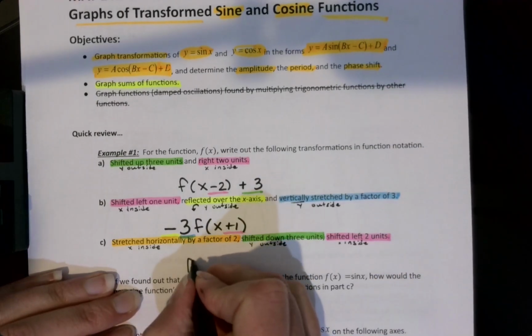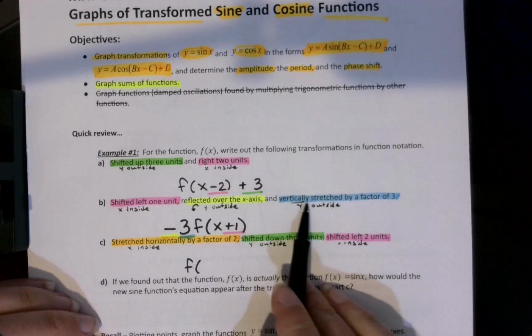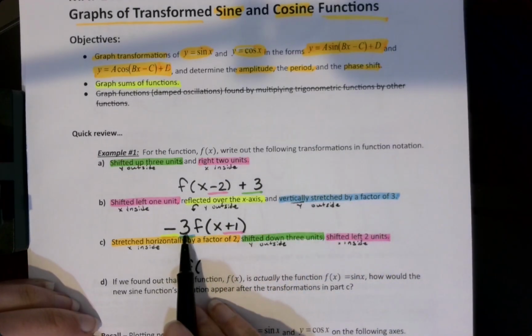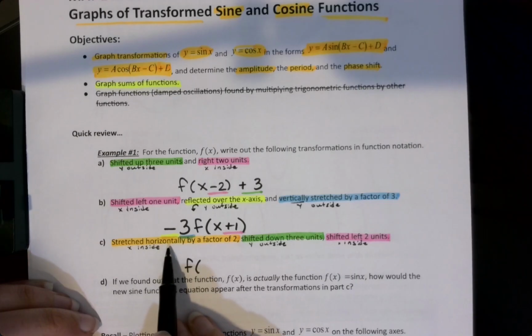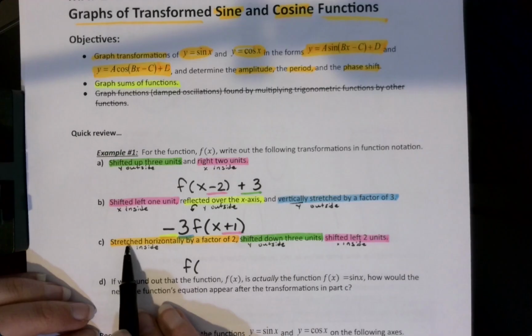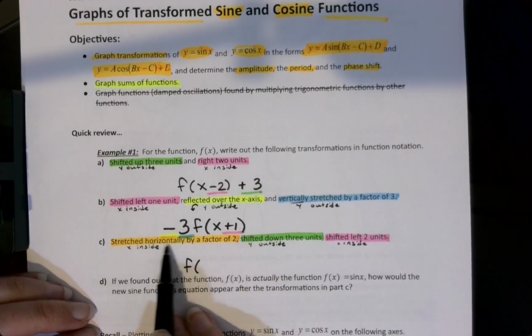Okay, so if I start my function, f of, when we did our vertical stretch, that was a multiplier of 3. A vertical shrink would have been a multiplier of 1/3. When I want to stretch horizontally, remember inside operations are opposite intuition. So instead of a multiplier of 2, a multiplier of 2 would be a shrink horizontally.